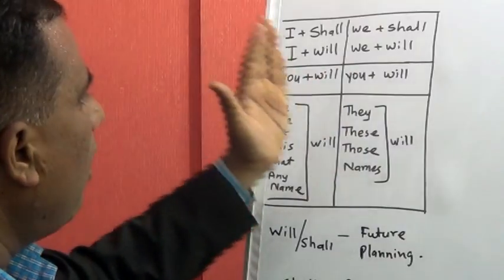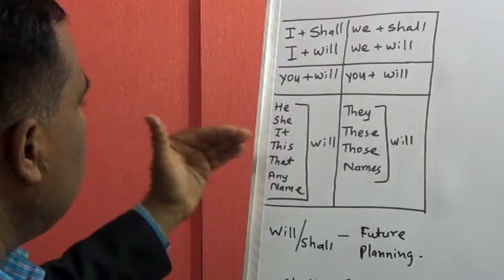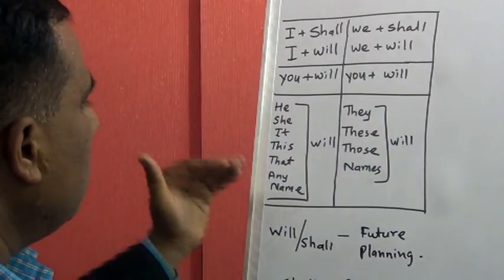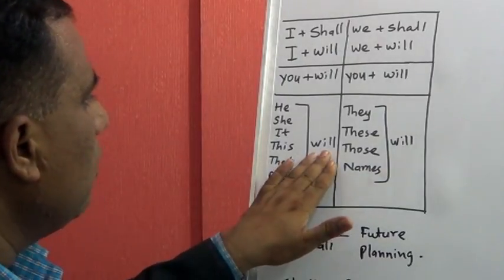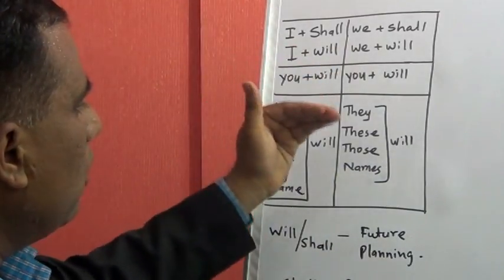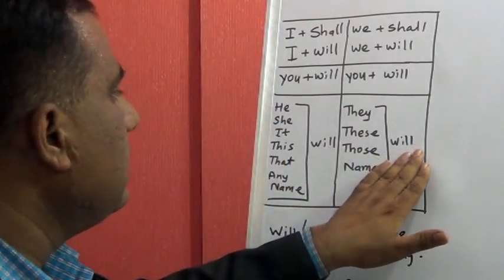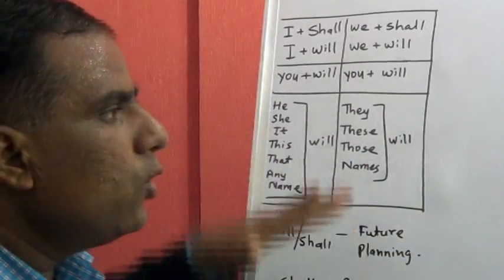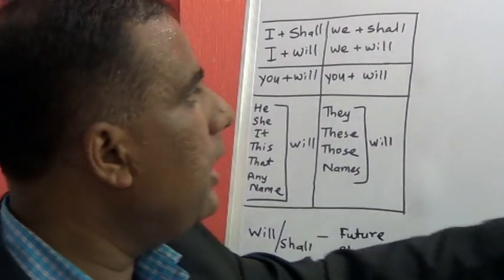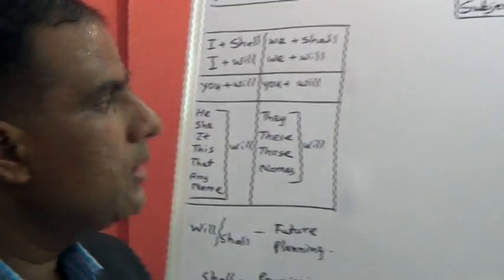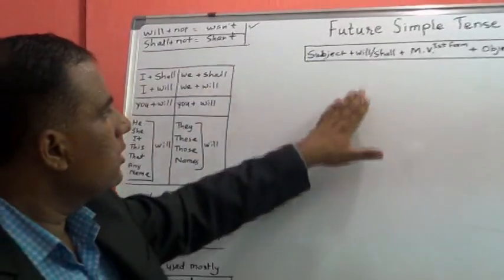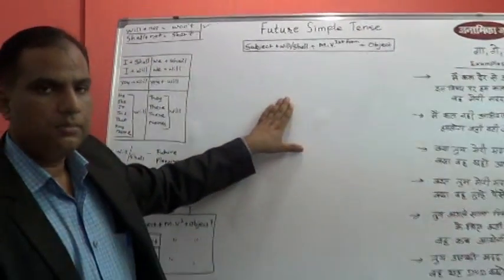For you it's always will. For he, she, it, this, that, any name, will is used. They, these, those names, again will is used. So in most of the sentences that we make in future simple tense, we use mainly will.